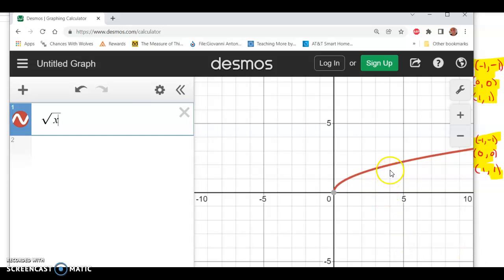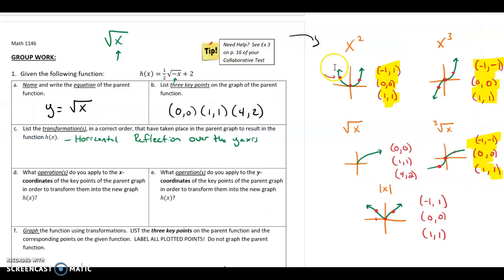We can see our (4, 2) point, and the (0, 0) and (1, 1) are right there. What happens if I put a negative is we can see it reflects horizontally. You see that? That negative flips the x's and flips that graph over. So this is a horizontal reflection over the y-axis.